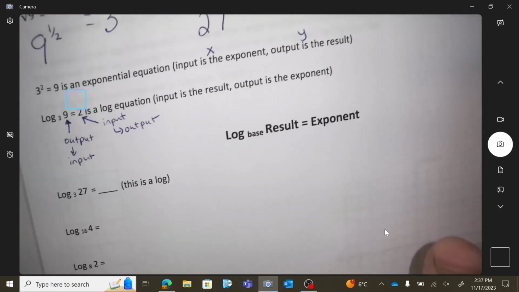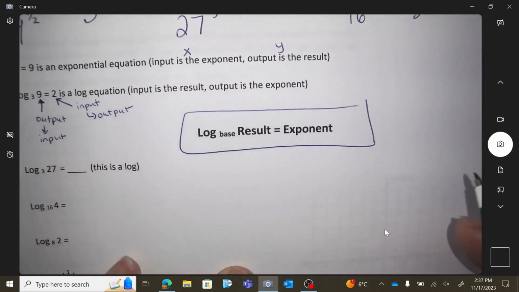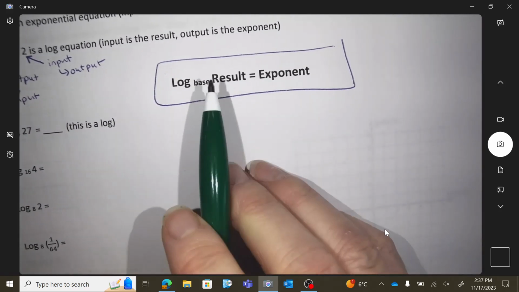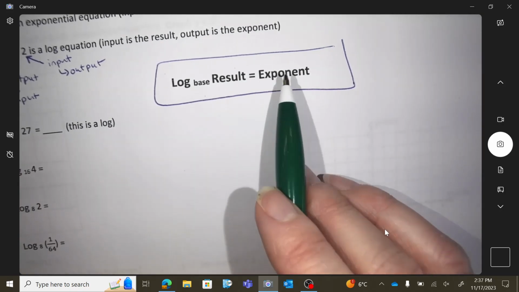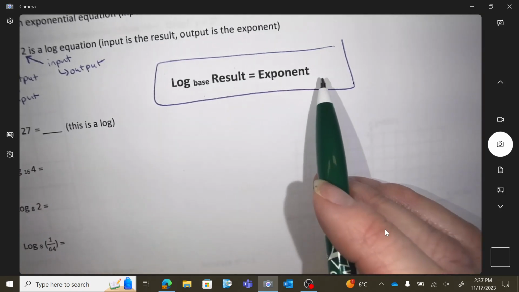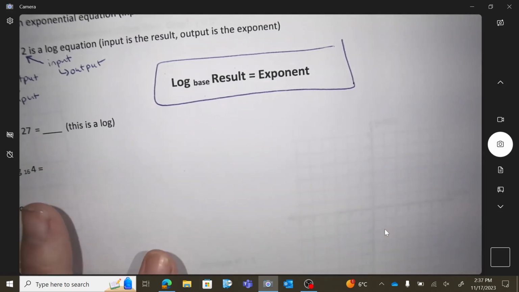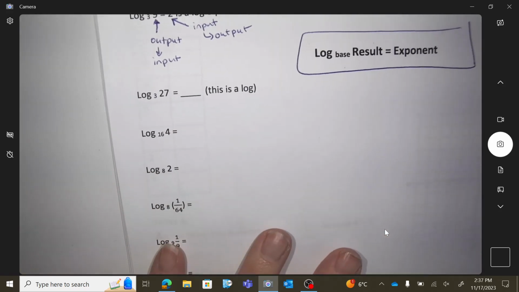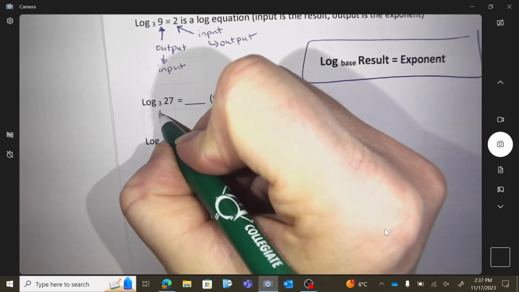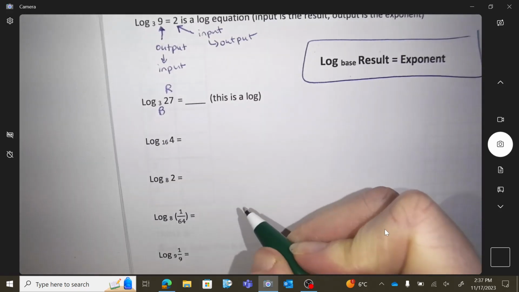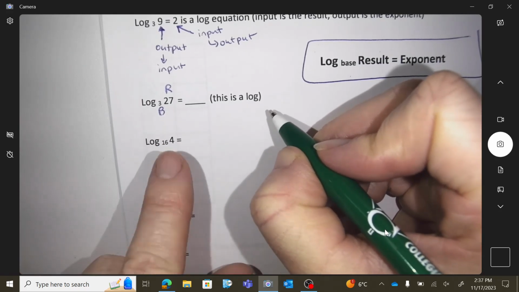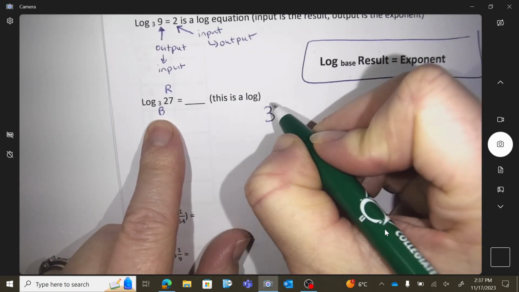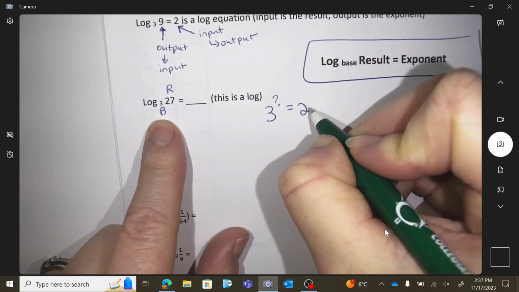Okay, so here is how we always do logs. Log base result equals, and then we're trying to figure out what the exponent was. Okay, so here we go. This is a base and this is a result. So this is what I'm trying to get you to figure out. 3 to the what equals 27.